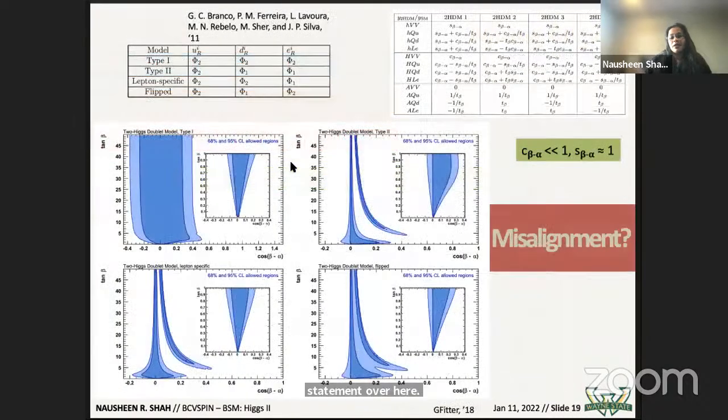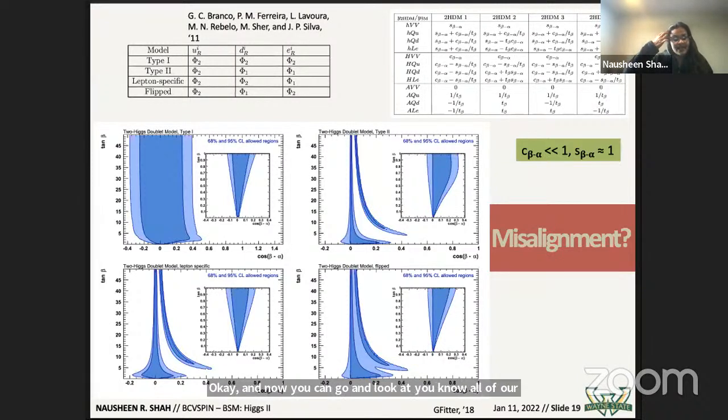Now you can go and look at all of our Higgs precision tests. You remember this table that I had shown you of the Higgs couplings to various different things, and that it looked very close to what you would expect from the standard model. But there are error bands, and you can look at where you live in this plane of tangent beta versus cosine beta minus alpha for the different types of models.